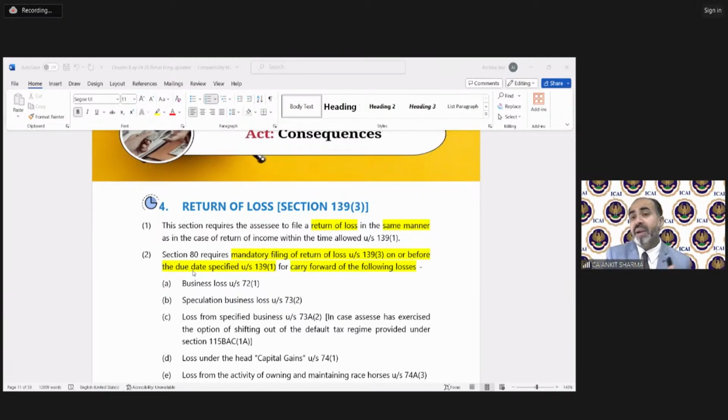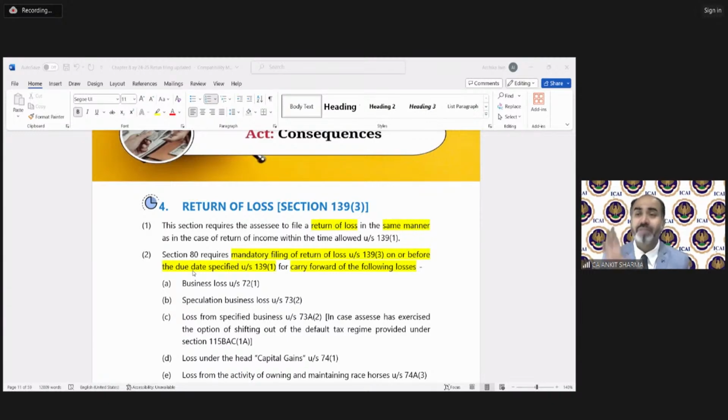So as per mandatory filing provisions, you do not need to file your income tax return. There is no requirement because your total income is less than the basic exemption limit, as you are in the loss category, and suppose you do not fulfill any specified condition. So if you have a loss, you do not need to file your income tax return mandatorily.